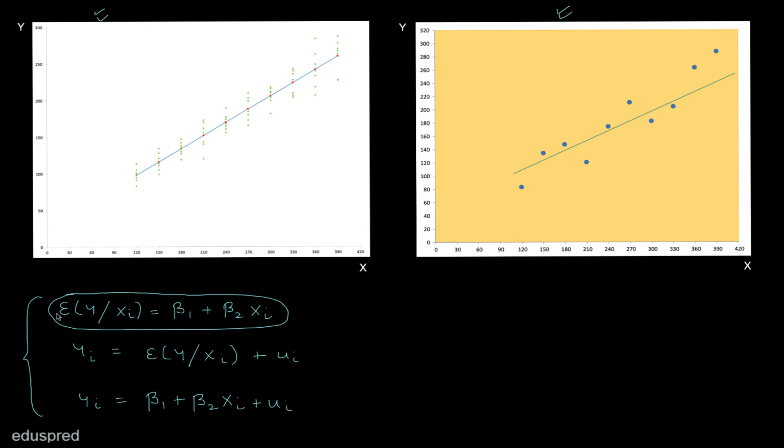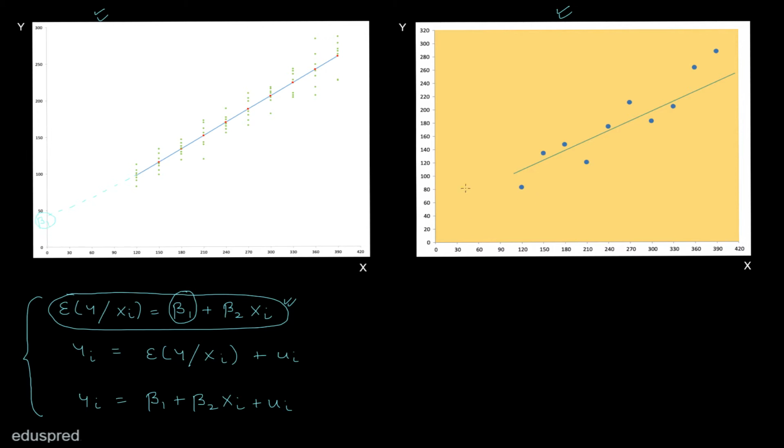So let's see what is the sample counterpart of this equation. This beta 1 that you see in this equation is actually the intercept of the population regression line. For visualization purposes, I can extend this line, and the intercept will be somewhere over here. So beta 1 is over here, and this is the population intercept.